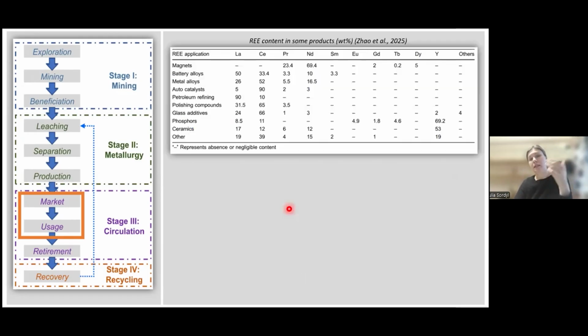So those were just examples, and REs are applied in many other applications and usually in varied proportions. So not all of them are equally important, but each of them is unique and has its own unique characteristics that make them useful.